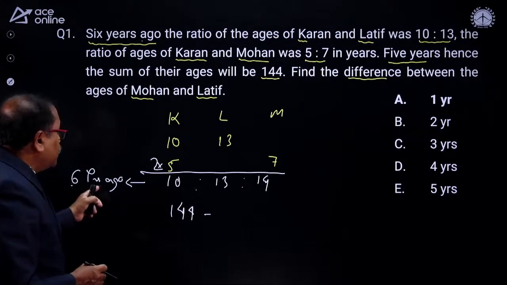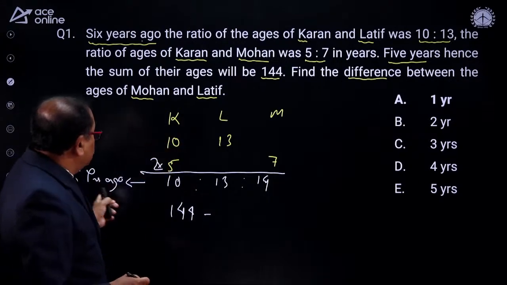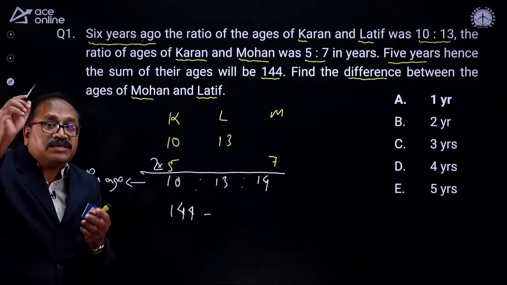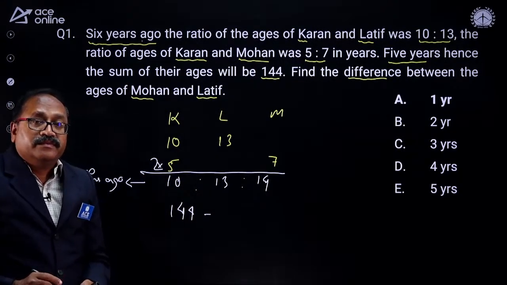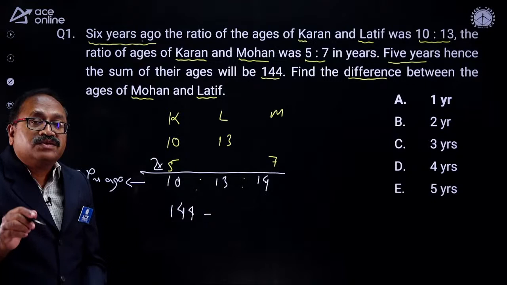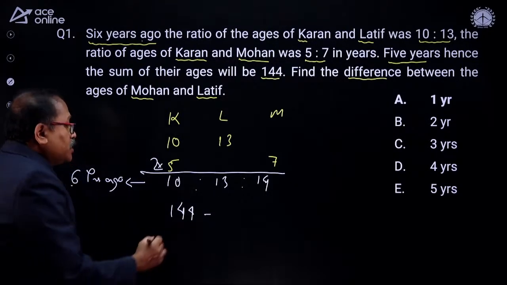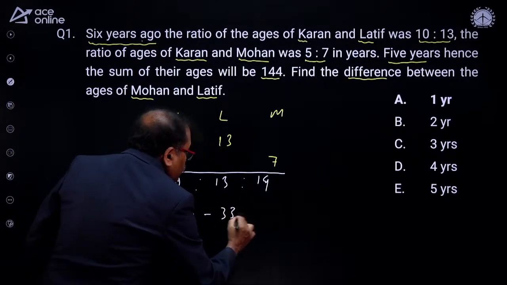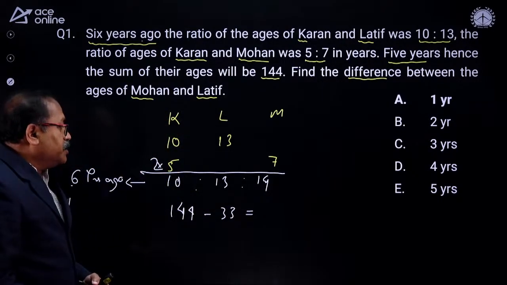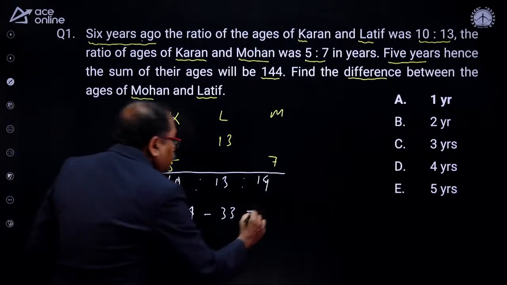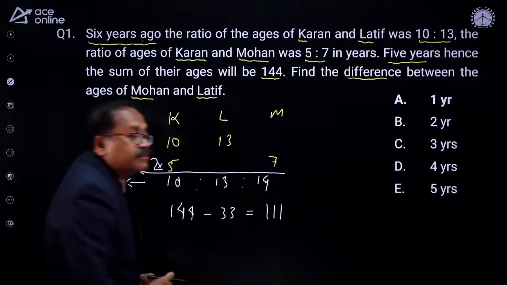That is 6 years ago and the 5 years hence. That means the gap is 11 years. For one person 11 years, for 3 persons 33 years. So that is 33 years you will take out. Then I will be getting the 6 years ago age, and that is 111.